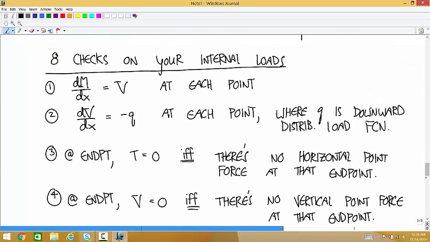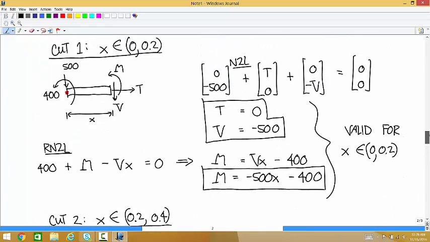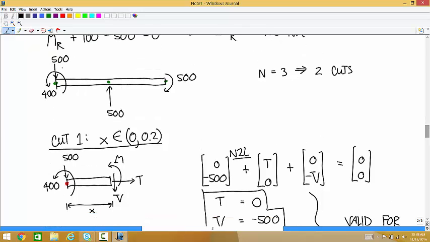Any questions about the checks? Yeah. Okay, so there is a couple. It's not acting at a single point. Right.